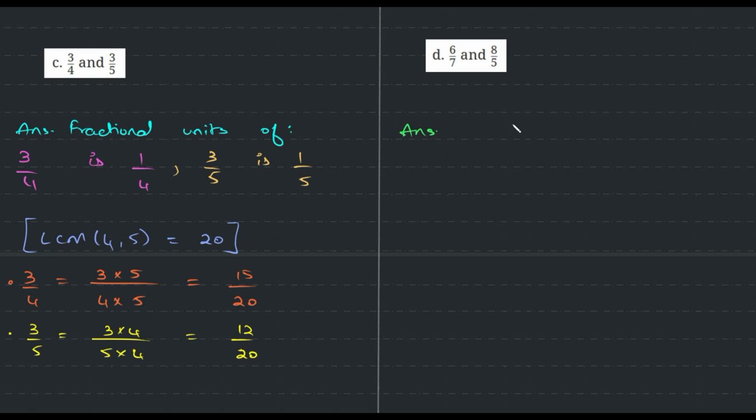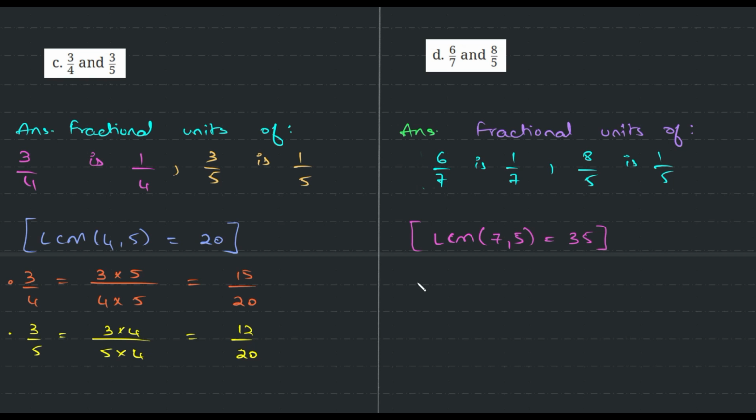And finally, I have one more example. So fractional units of 6 by 7 is 1 by 7. Do you guys agree? And 8 by 5 is 1 by 5. And now we need to figure out the LCM of the denominators, 7 and 5, which is equal to 35.